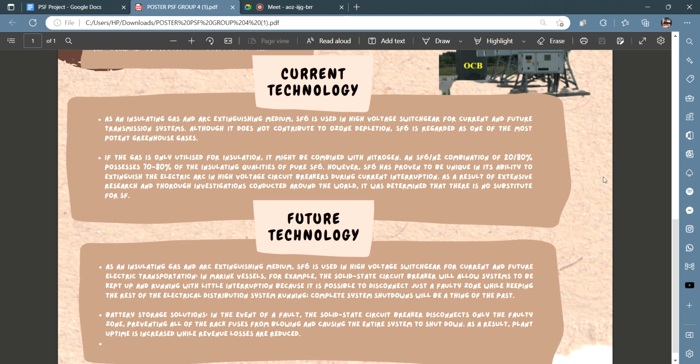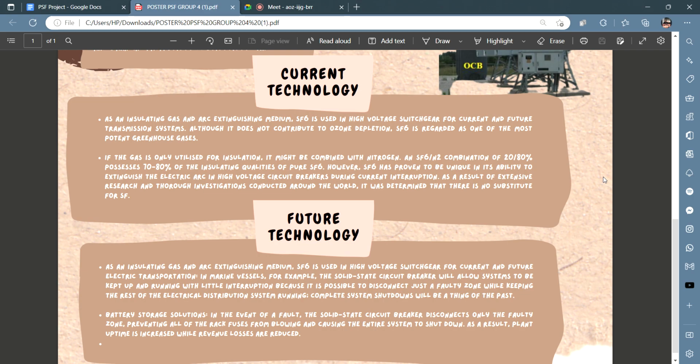For the current technology, as an insulating gas and arc extinguishing medium, SF6 is used in high voltage switchgear for current and future transmission systems. Although it does not contribute to ozone depletion, SF6 is regarded as one of the most potent greenhouse gases.